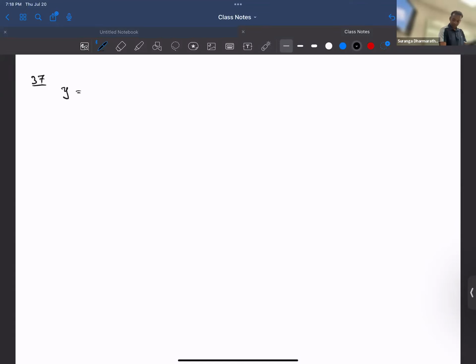Y equals x plus 1 over x minus 1 to the power 4. So you can use that g of x, or you can use the chain rule. You can put u equal to something and then solve for that. So you can do anything. Okay, take a couple of minutes and try to solve that.